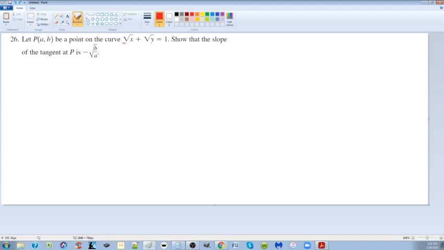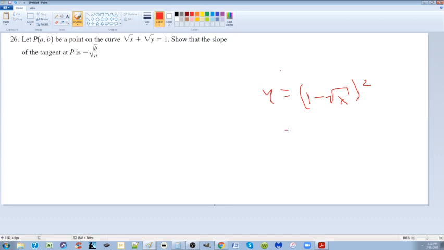Okay, well, let's put this in terms of y instead and see how we do. Square both sides. Difference of two squares here.